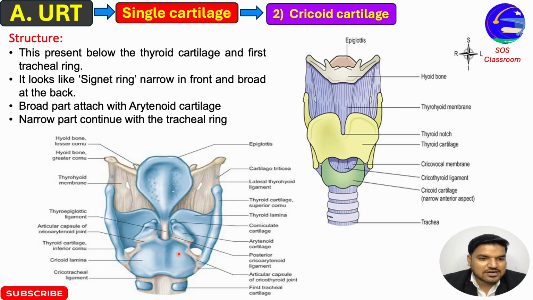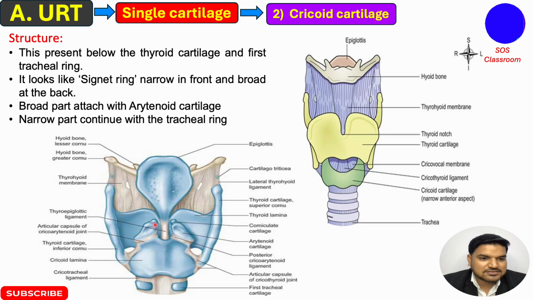The anterior part is narrow and the posterior part is broad, and the broad part is attached to the arytenoid cartilage.